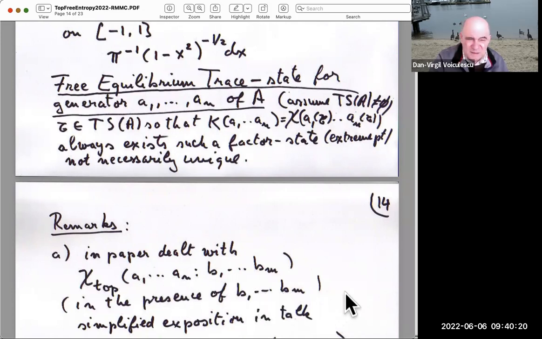What this means is that one has a larger (n plus m)-tuple, and one takes those norm microstates of A1, ..., An which have extensions to norm microstates of A1, ..., An, B1, ..., Bm. So it's a projection of a larger microstate space.